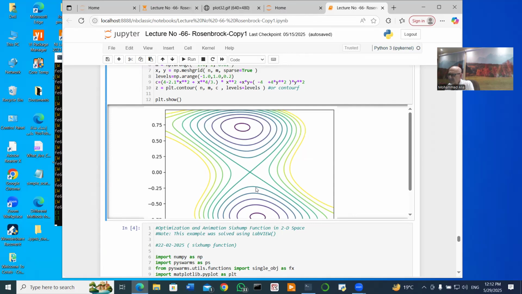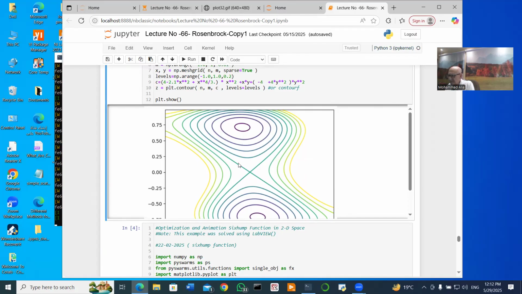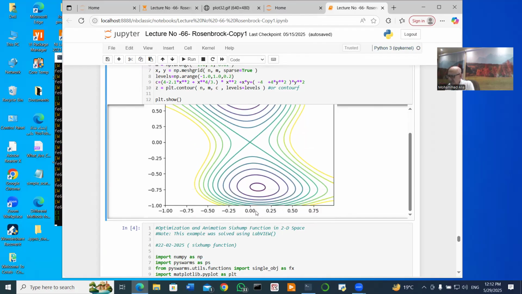If you go up, you will see here this is positive 0.75, for example, and this will be, of course, the negative value, which is displaced relative to this one to the left side of the zero.